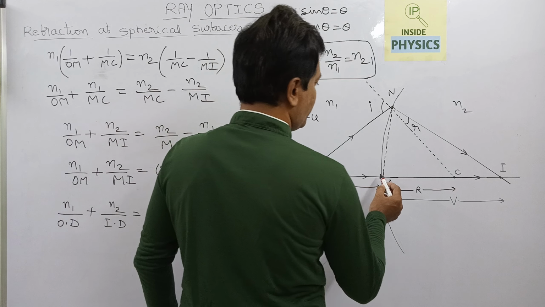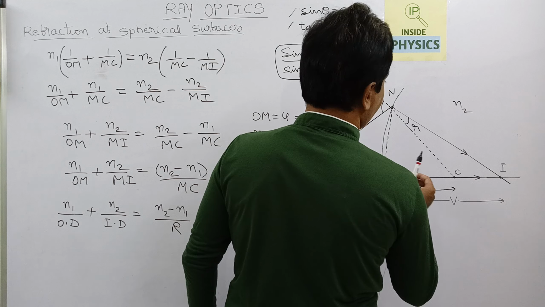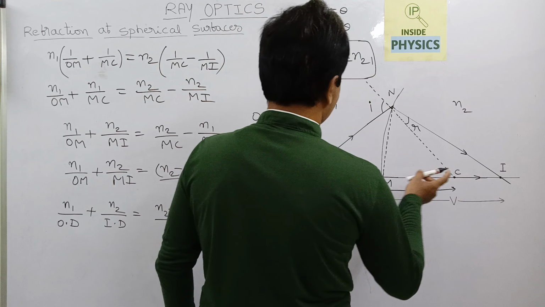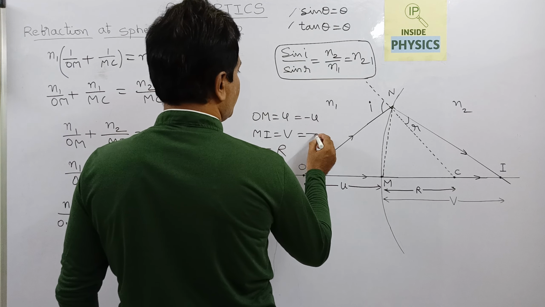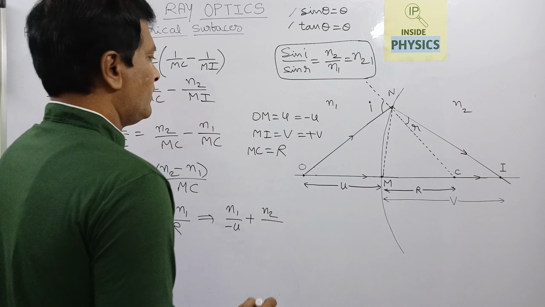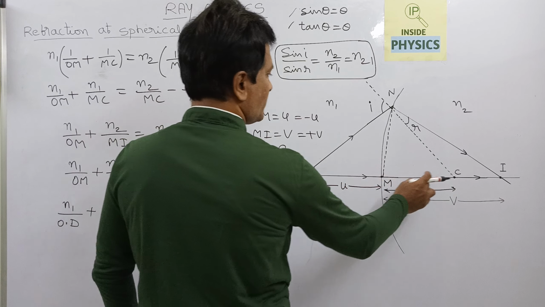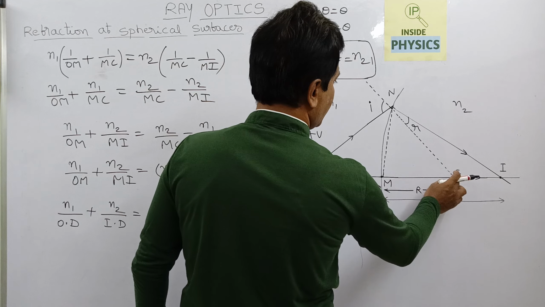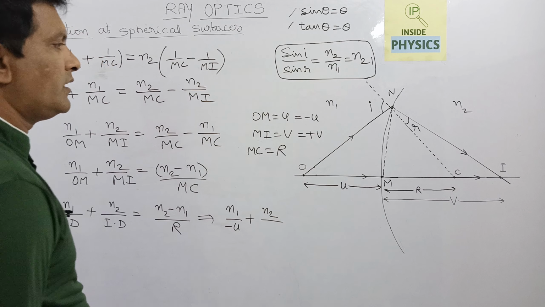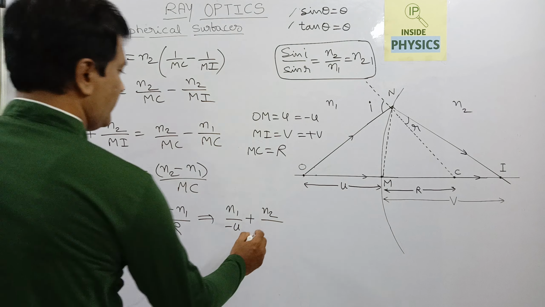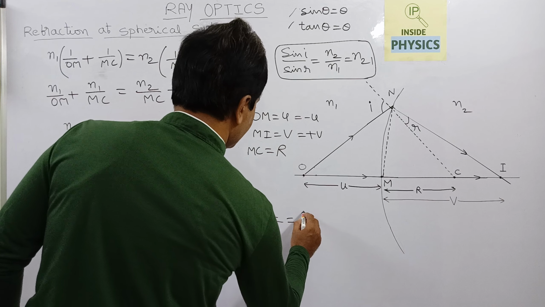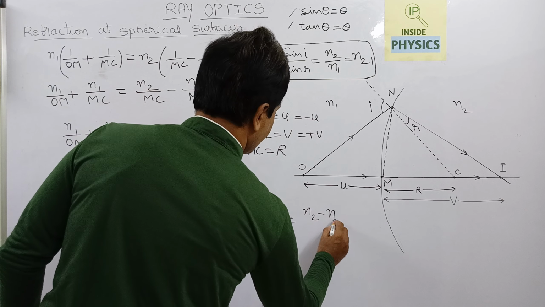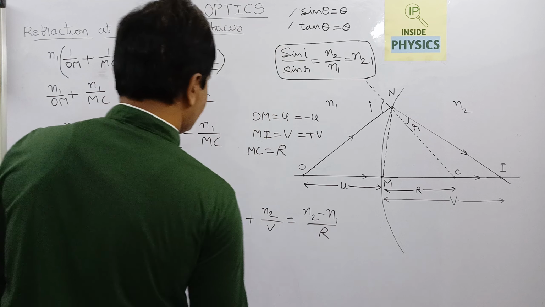So v is measured from pole to the image and it is in the direction of the incident light ray, so it can be taken as positive. Okay. So radius of curvature is also positive, since from pole to the center we measure it in the direction of incident light ray. So we can write this equation as n2 minus n1 by r.